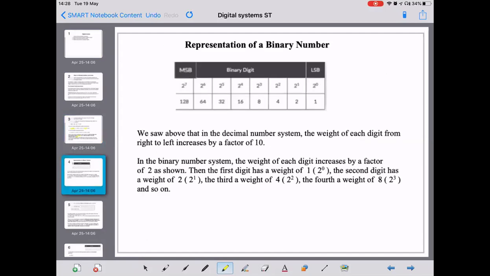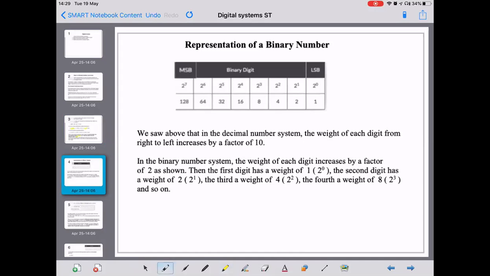So when we represent a binary number, in the decimal number system, the weight of each digit from right to left increases by a factor of 10. In the binary number system, the weight increases by a factor of 2.